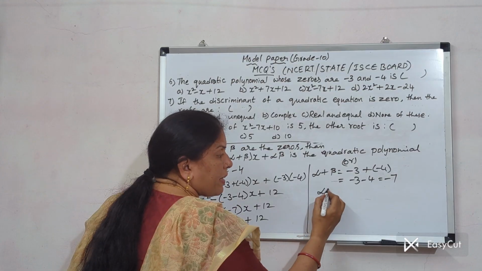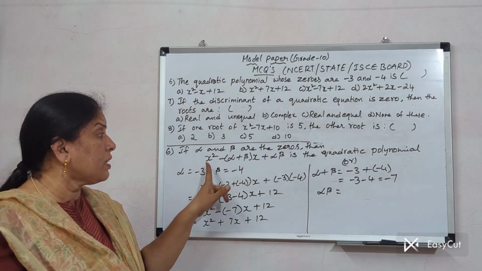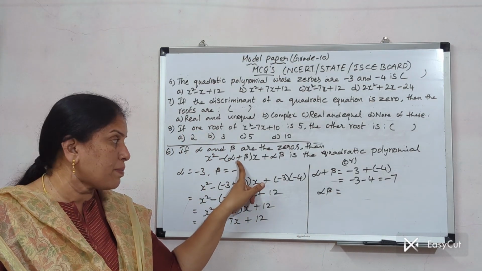Why are we finding alpha beta? In the quadratic polynomial you have alpha plus beta and alpha beta.